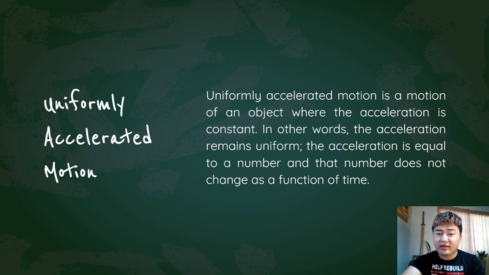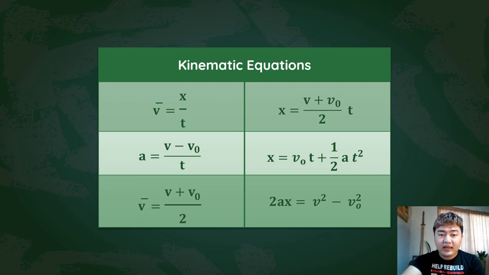And in uniformly accelerated motion, we have these kinematic equations, or useful equations for us to solve for unknown quantities in problems involving uniformly accelerated motion. Now you have there 6 equations that can be useful in the problems that you may encounter.